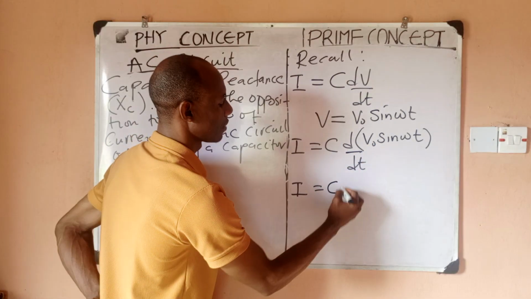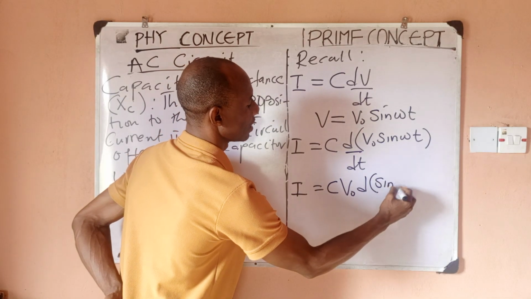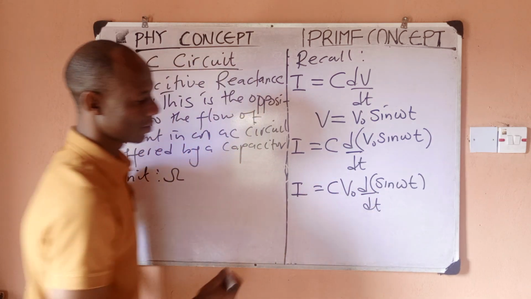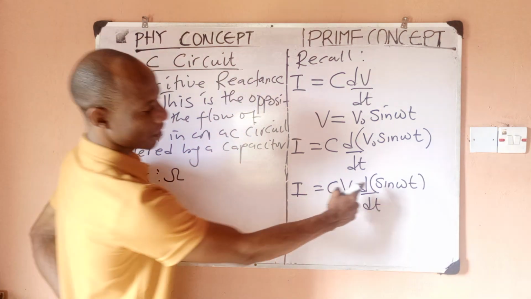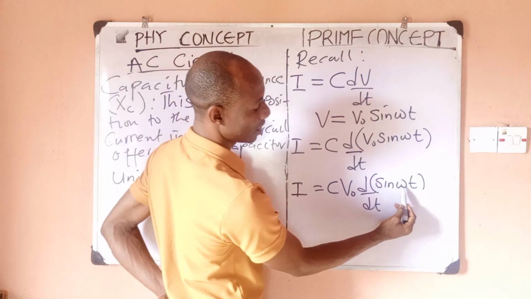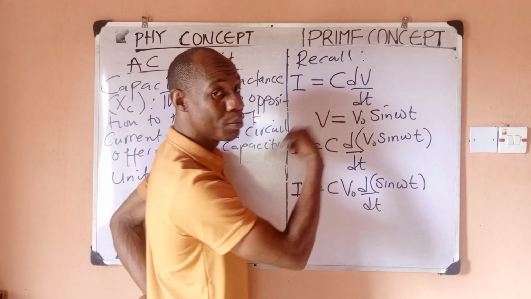So I would have C V naught, then I differentiate sine omega t with respect to time. When you differentiate sine omega t, the first thing you differentiate is omega t, and you get omega.